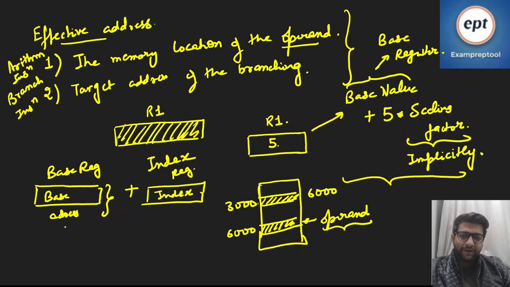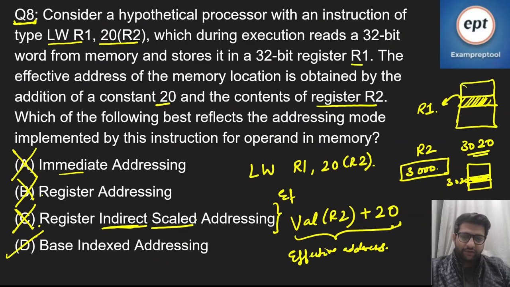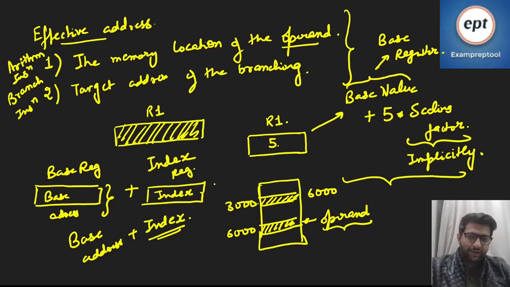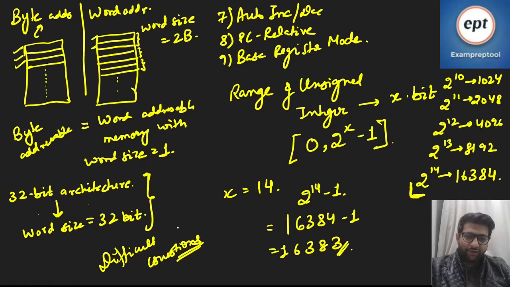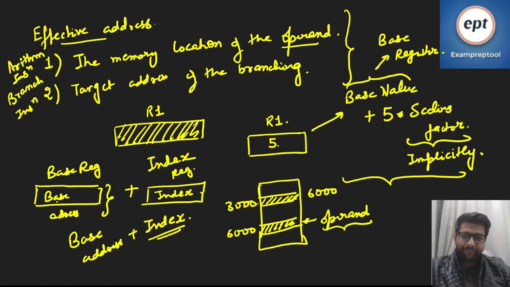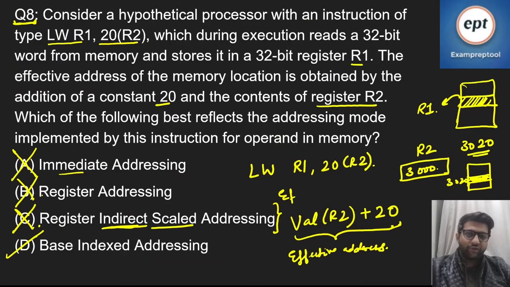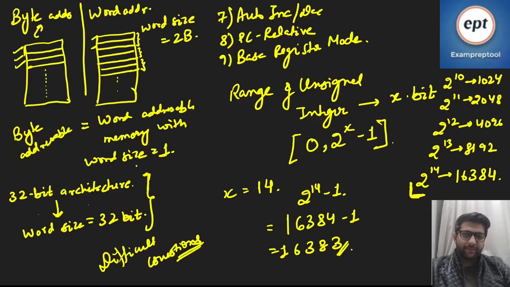We get the effective address by the formula base address plus the index value. Here R2 is our base register, and this 20 is a constant that we are adding to get to a particular index. That is why option D is correct.